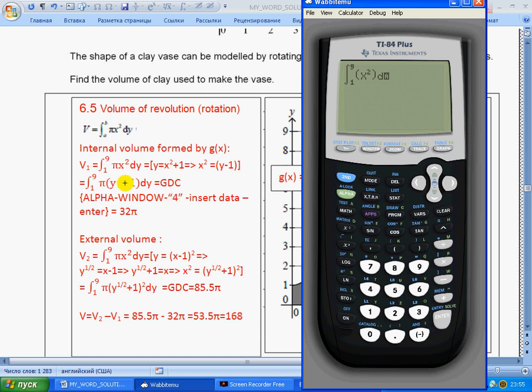Here we should change x squared in terms of y, so we rewrite the formula, so it is y minus 1. So it is not this. It is x minus 1, and this will be in terms of pi.